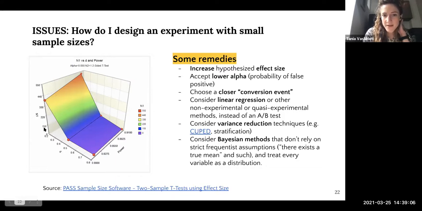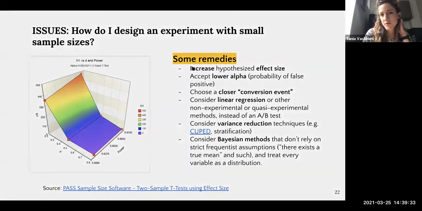But if we make bold and large bets, such as this feature is going to increase our conversion by 20%, by 50%, etc., then we require much less data to actually detect this effect. And then again with power, but the difference is not really that big. So really what we can control mostly is the boldness of the changes that we're introducing.